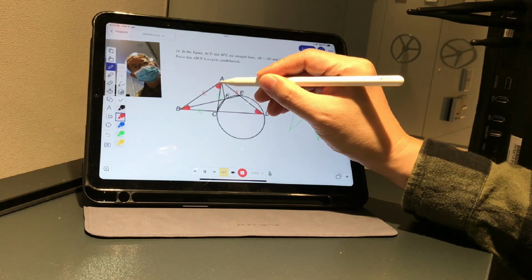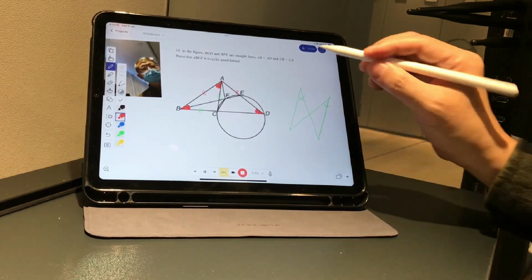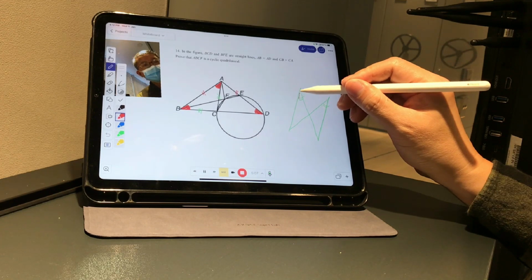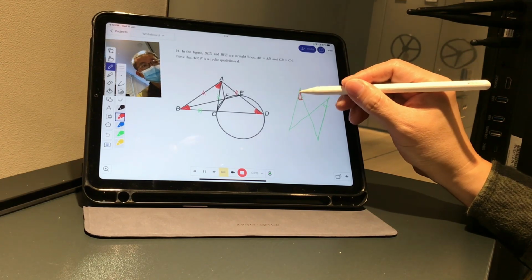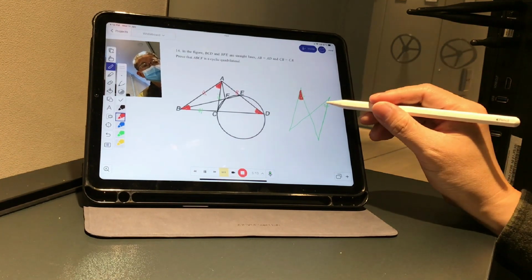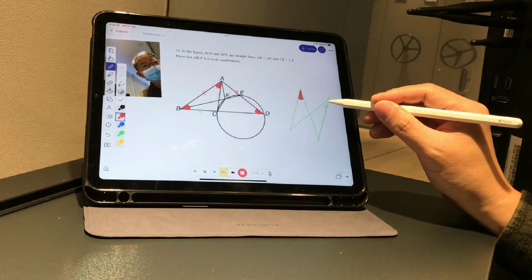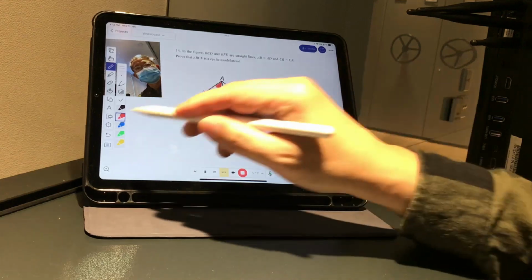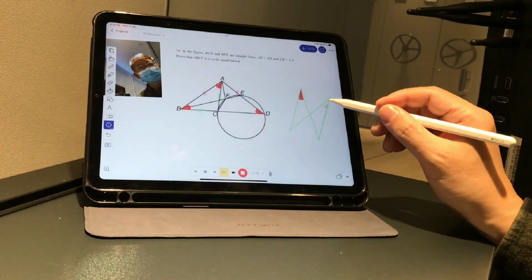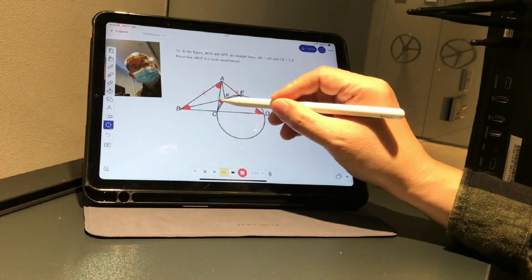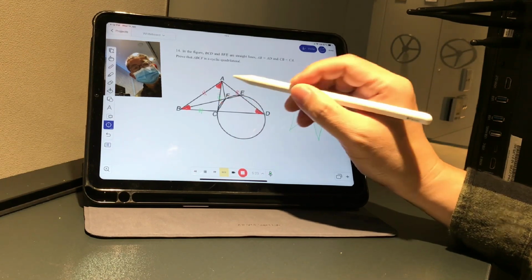Also paint it in red. Now we find this is red, we find this is red. Now we need to show this is also red. The angle here is also red. From this we need to show this is also red.